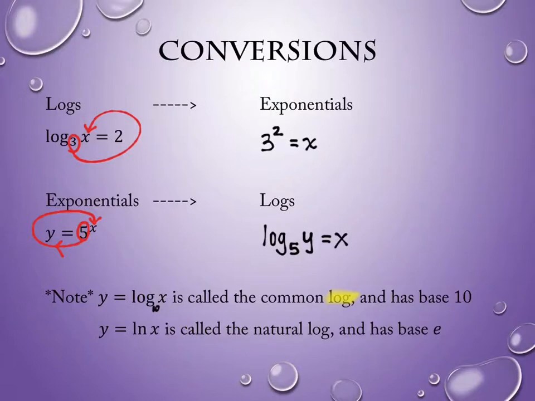And then this other one where it has this ln. Well, the reason it has that notation is ln stands for natural log, and if you're familiar with any other languages besides English, most of the time in other languages, adjectives come after nouns. So we would say pretty girl, right? But in Spanish you would say girl pretty, okay? The adjective, the describing word comes afterward. So when you say natural log, you would mostly say in other languages log natural, which would be L and then N. So that's the reason for the ordering.